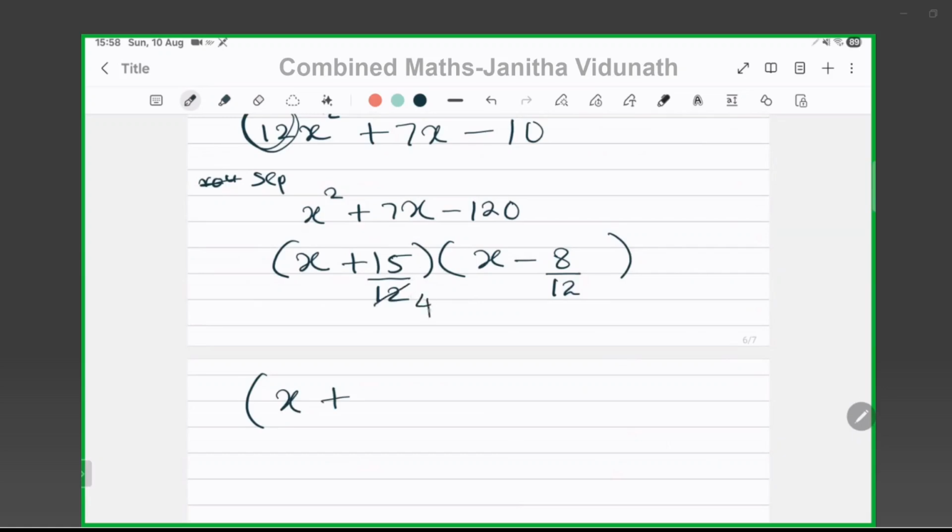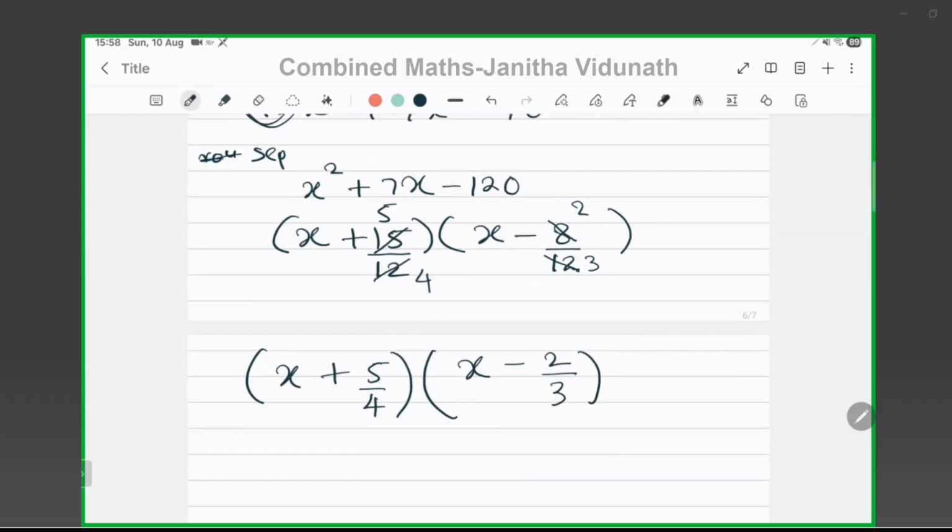Then here remains 4, here remains 5. When we divide by 2, we get 2 and 3. Then here remains x plus 5 over 4 and here x minus 2 over 3.